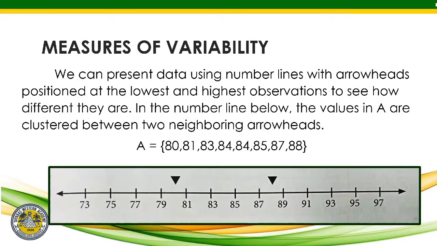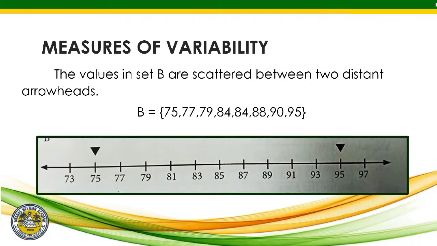We can present data using number lines with arrowheads positioned at the lowest and highest observations to see how different they are. In the number line below, the values in set A are clustered between 2 neighboring arrowheads. As you would notice, we have 80, and the highest value is 88. In set B, the values are scattered between 2 distant arrowheads, 75 and 95, so they are distant from each other.